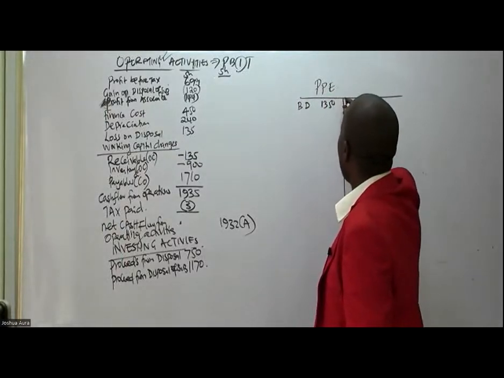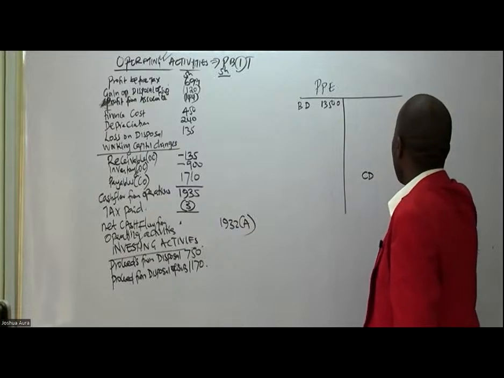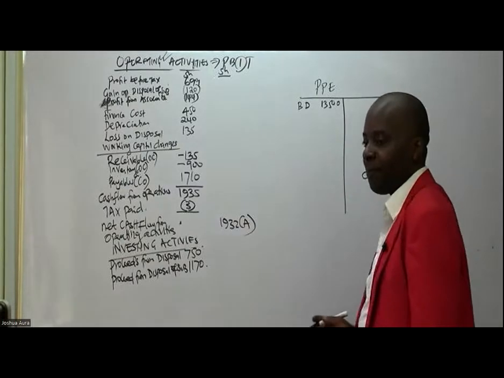It's an asset, so you have to start with a debit there. As our brought down, we have PPE of 13,500, and then we have carried down of 18,000.